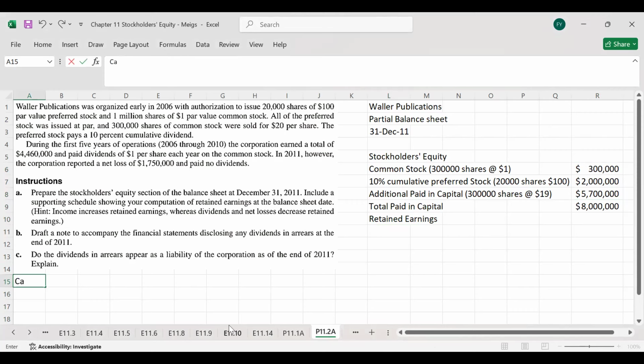So the calculation of retained earnings.